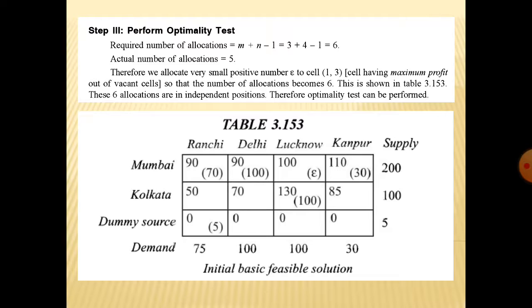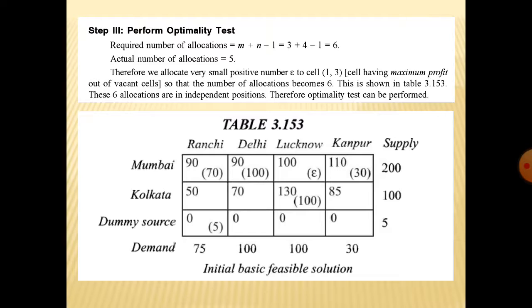Hence, it is a degeneracy problem. Note that if you get 6 allocations, m plus n minus 1, in the matrix, it is a non-degeneracy problem. If you are not getting the allocations according to the formula, it is called a degeneracy problem.